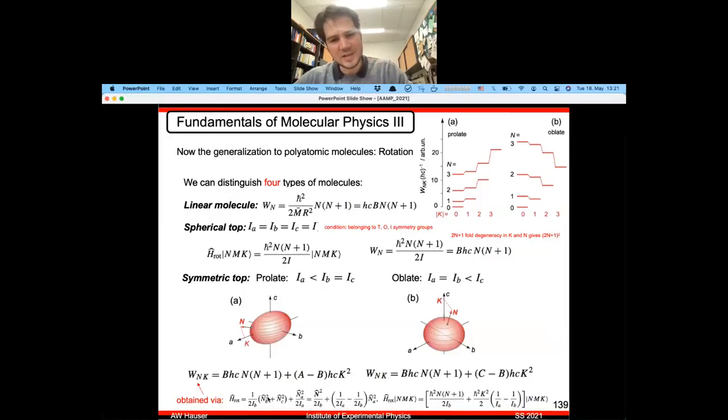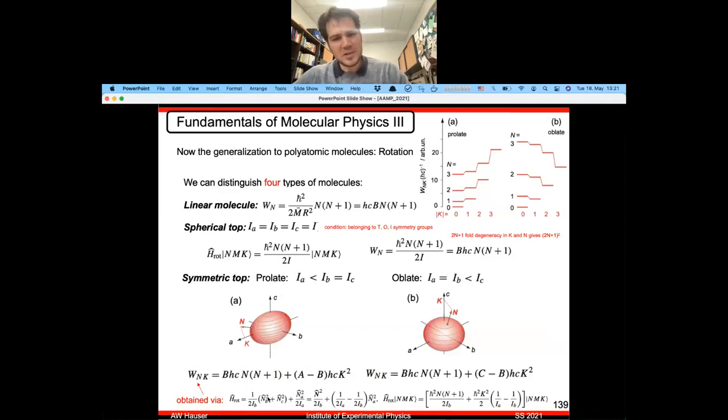Then I have the same for the c-axis, and since b and c have the same moment of inertia, it's nc squared over 2ib. The only problem is that a is different, so I have plus na squared over 2ia.